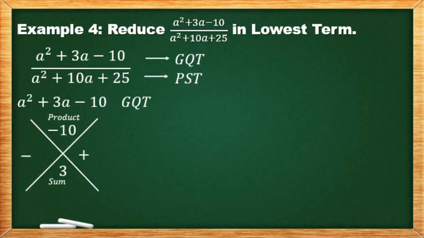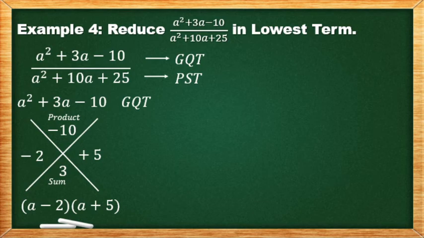Therefore, the bigger number is positive. Meron tayong 5 and 2, so negative 2 and positive 5. Okay, copy. So, the factors of the given trinomial is open and close parenthesis of a minus 2 times a plus 5.